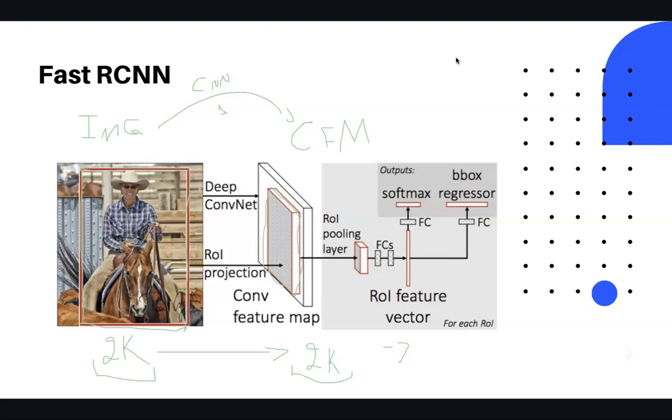Let's imagine that we had another proposal by selective search here, but it's much smaller. So its convolutional feature map should also be much smaller. Logical. These two different convolutional feature maps will go through the same fully connected layer. Is that correct? Yes, it is correct.